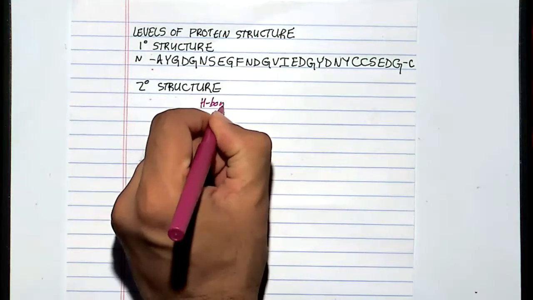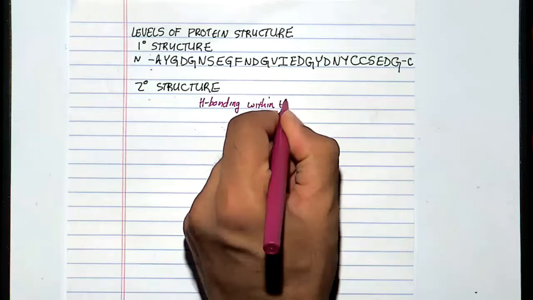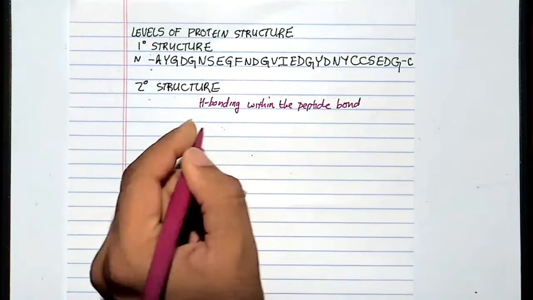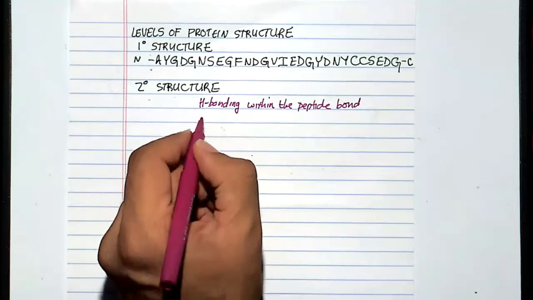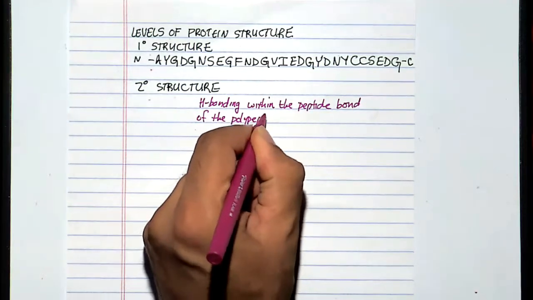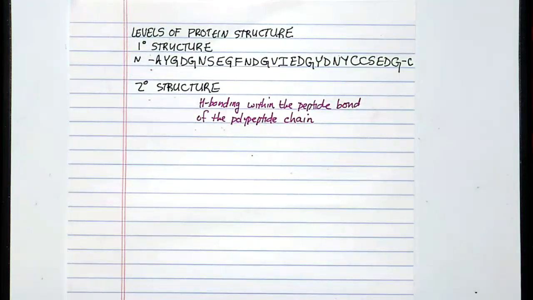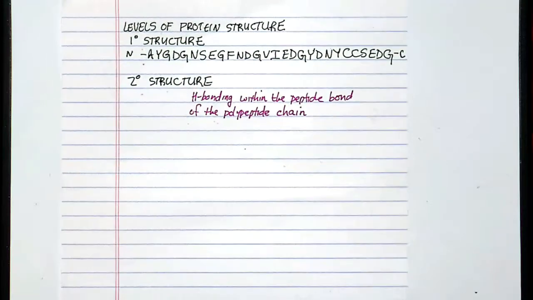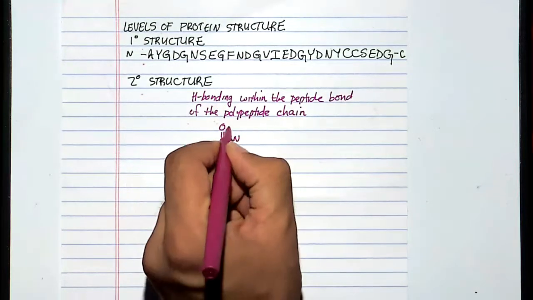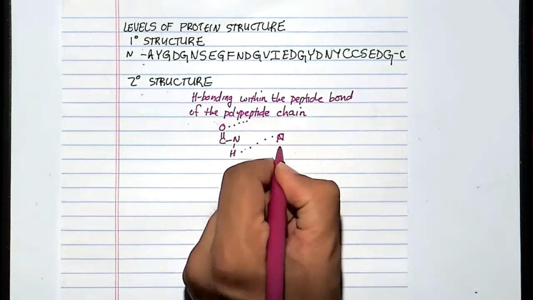So when we have that restraint, hydrogen bonding within the peptide bond and the peptide bond alone, I will expand this and say hydrogen bonding within the peptide bond of the polypeptide chain, when you allow for those parameters of hydrogen bonding only from peptide bond to other peptide bonds somewhere in the primary amino acid sequence, there's really two structures that can emanate.